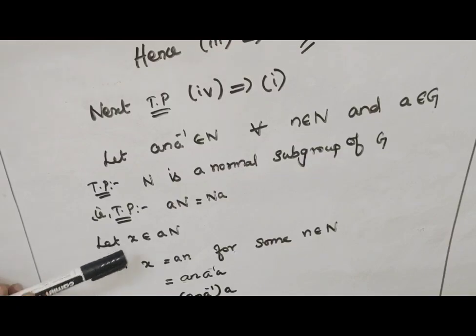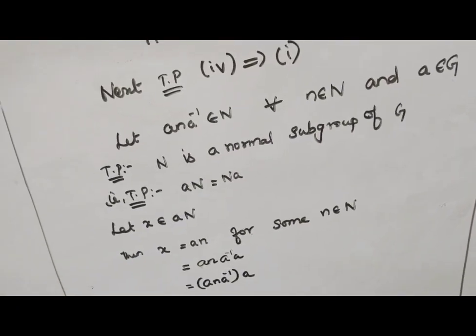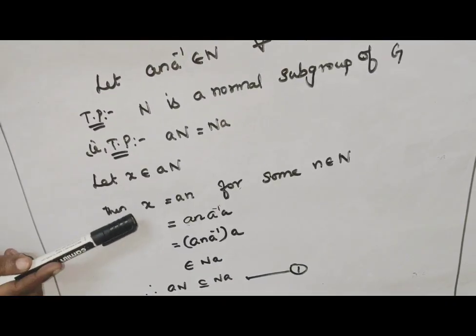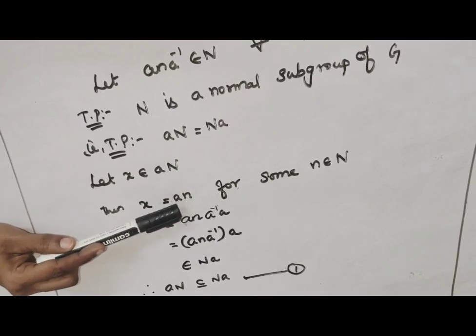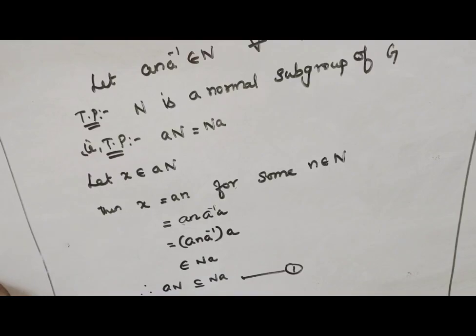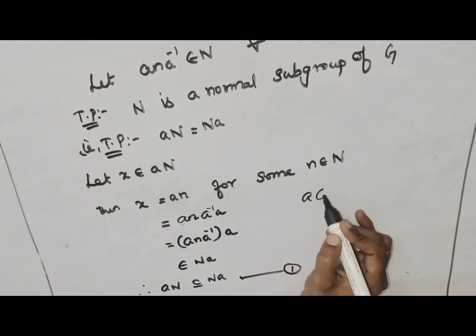For that, let us choose one element from this left coset. That is, let x belongs to aN. Then clearly x is equal to a into some element from this subgroup N, that is, x equals an for some n belongs to N. We know that a belongs to G, right?